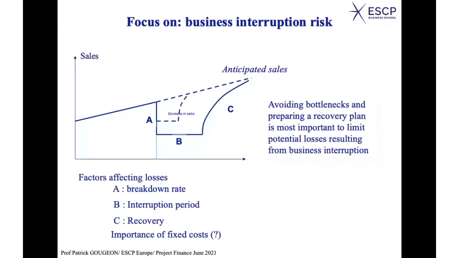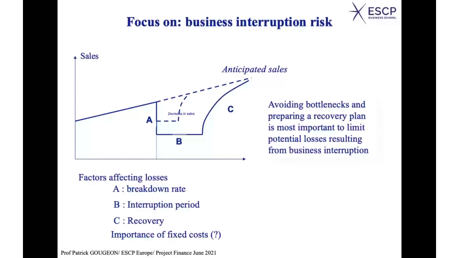To accelerate the recovery and reduce the interruption period, the value of B. If the interruption period is not too long, then you can recover rather fast. If you are for a long time away from the market, it may be trickier and trickier to come back to normal.